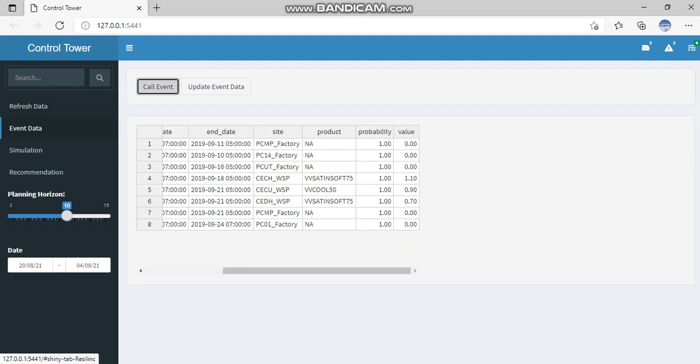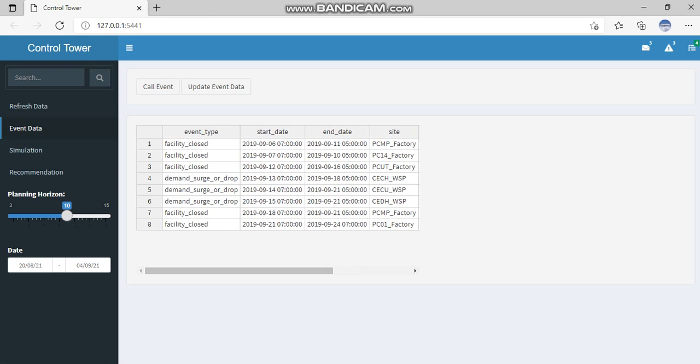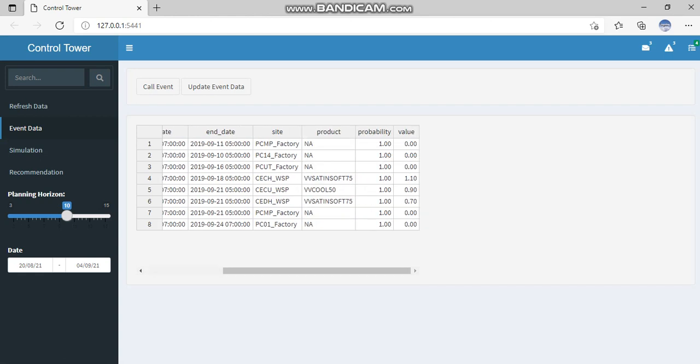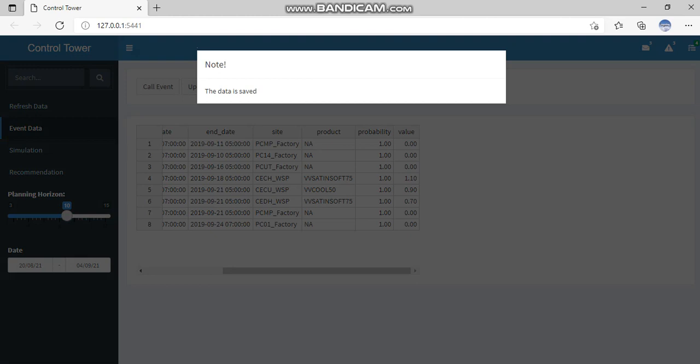Next I call the events, and I'm able to see all the events that are there. Events are, as I was saying, on the supply side or the demand side, like a factory closure from 6 to 11, or a demand surge between 13 to 18, and for which product it is changing and by how much. I can make these changes and adjustments in the data, and then I upload the events.